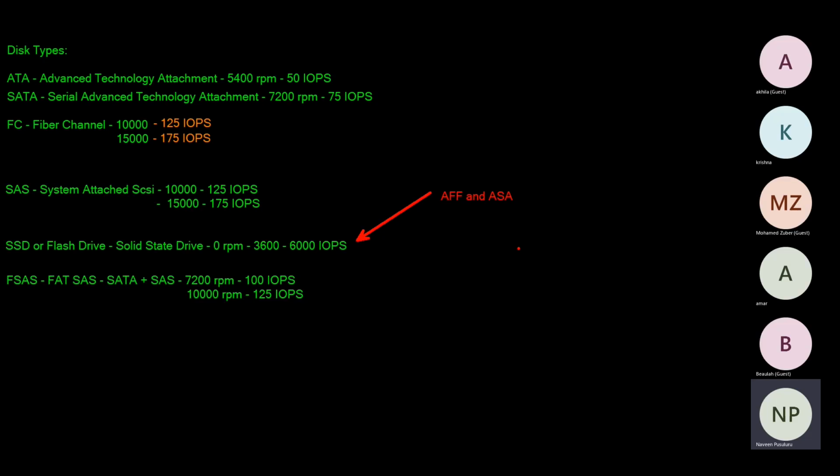So based on the rotation speed, the performance will be decided. But in SSD, they have used a different technology where there are no moving parts. So when you compare the performance of SSD with all other drives, SSD will give you very high performance.